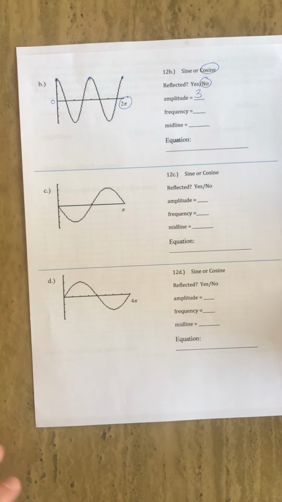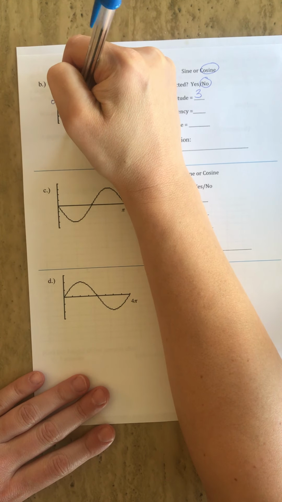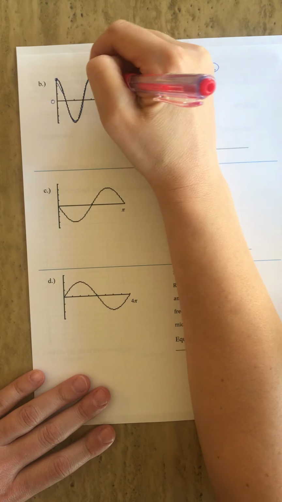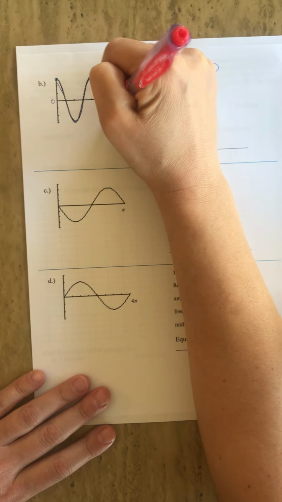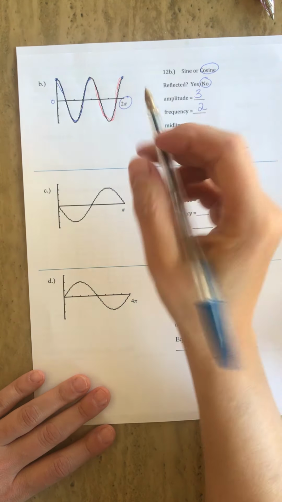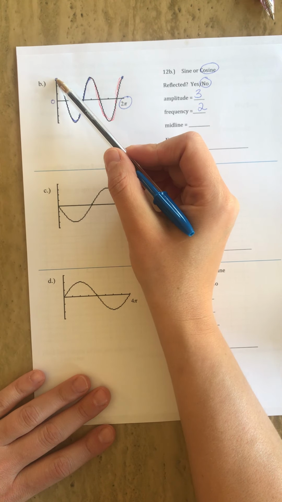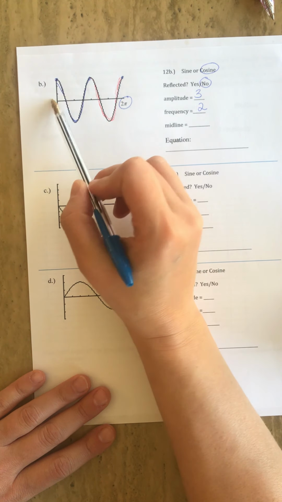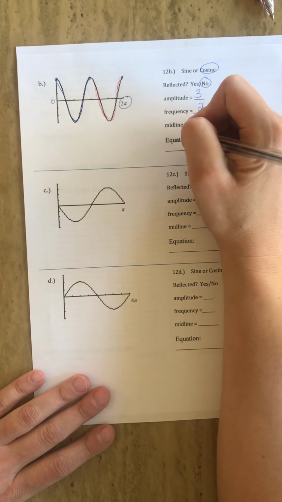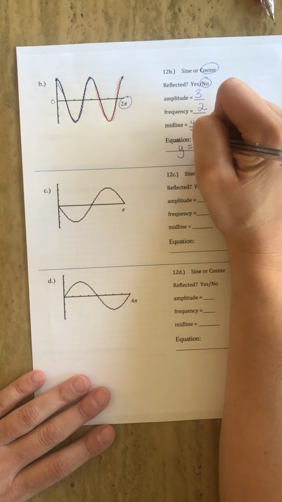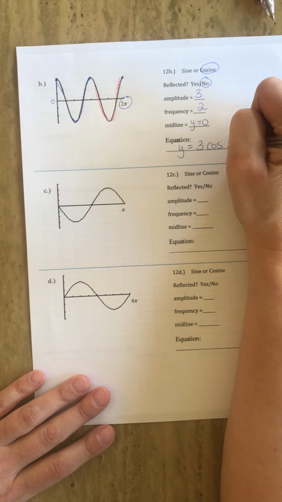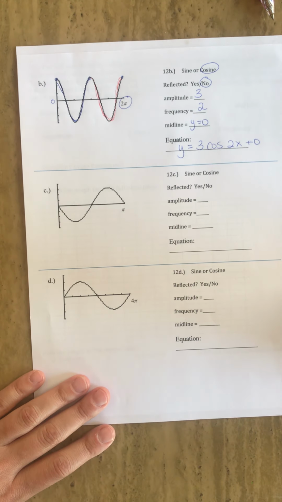And you're going to see right here, you're going to start at the amplitude, end at the amplitude. That's 1. And if you go ahead, start at the amplitude, end at the amplitude, that would be another. So your frequency would be 2. Your midline is the distance midway between the max and the min, or the average. So we know y is equal to 0. You can put that all together. Y is equal to amplitude 3, cosine, frequency 2x plus the 0.